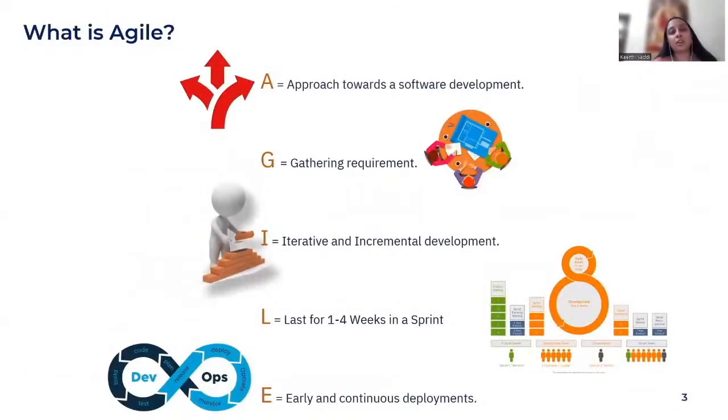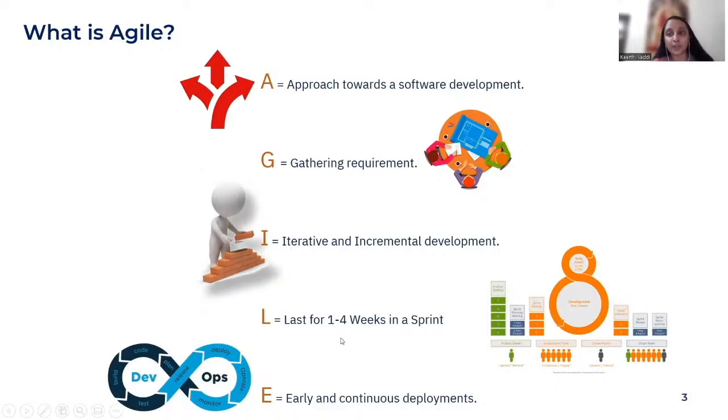So coming to agile, what is agile for most of us? It's an approach we use to develop software by gathering a set of requirements, and these requirements are not built in a single stretch. They are built iteratively and incrementally to get a proper output with quality. Each cycle will last for 1 to 4 weeks.